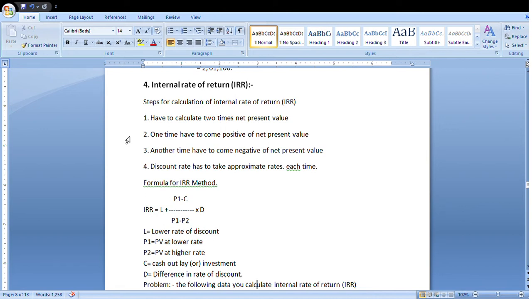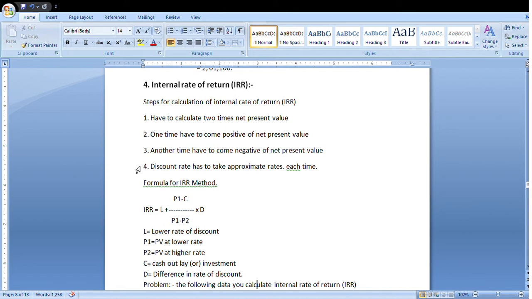One time we have to get a positive net present value. Another time we have to get a negative net present value. One time positive, next time negative.